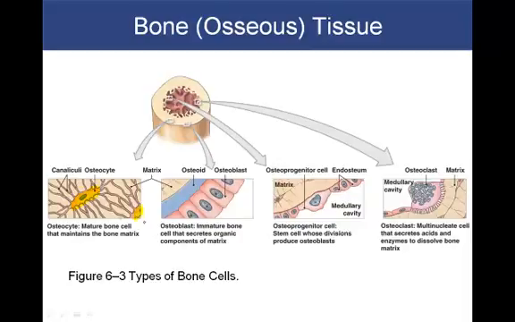There's 1 and 2, and they are connected via the canaliculi. Remember, the canaliculi allow for the exchange of nutrients and waste products. And then all the way on the right, we have a very large osteoclast. This is a very large multinucleated cell. All these little circular structures are nuclei.